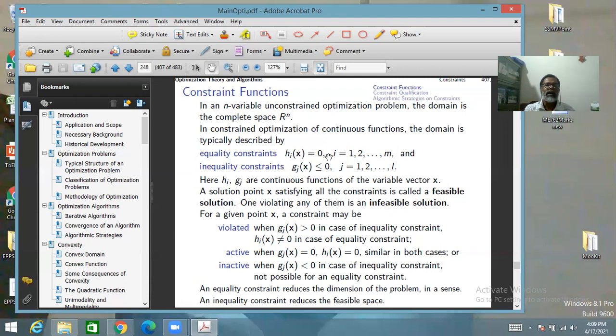Then effectively it becomes an n minus 1 dimensional problem. In the case of an inequality constraint, nothing of that sort takes place. The dimension of the problem remains the same, but part of the space gets cut off. Actually, the positive side of this function gets cut off.